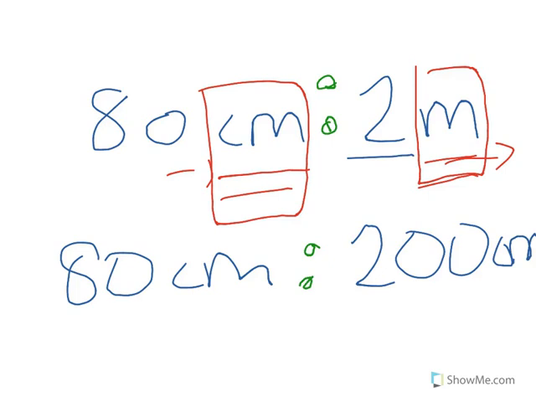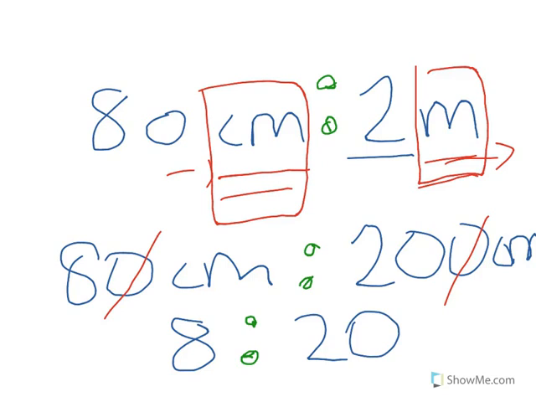Then I will try to simplify. Simply you can cross out the zeros first of all, and that gives you 8 to the ratio of 20, and then find a common number where you can divide. I can find 4 is a common number between both.